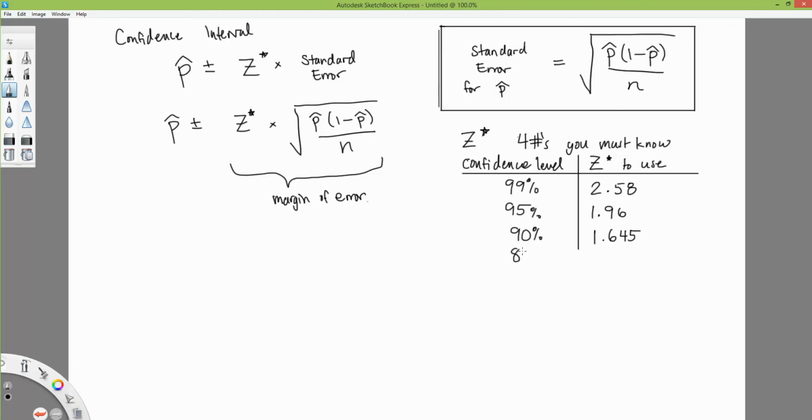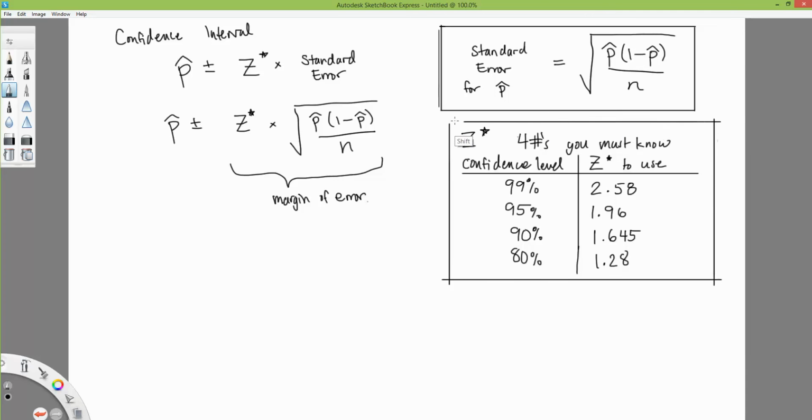And for 80%, use 1.28. Okay? So these are the 4 numbers you need to know. So either memorize these or make sure you put them down on your note card. Okay? Don't come crying to me next week and say, I forgot what the Z star values are. Okay? You must know these. So make sure you put these at least on your note card or memorize them, okay?